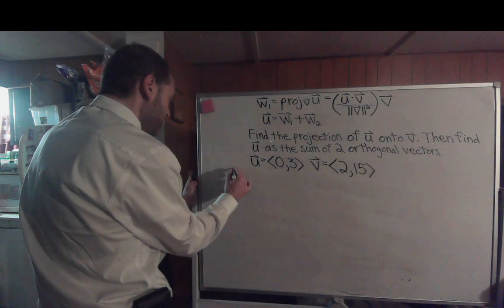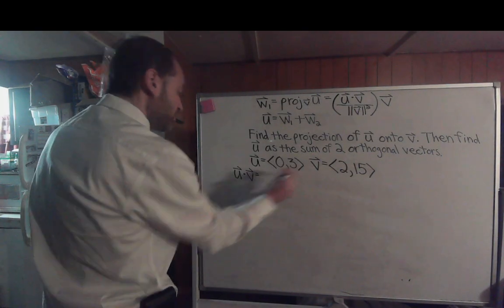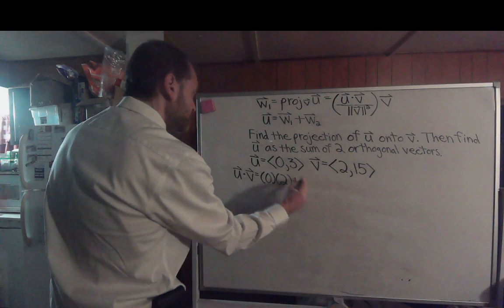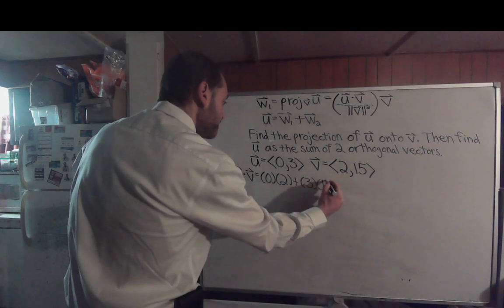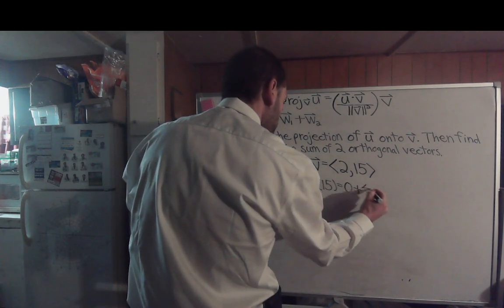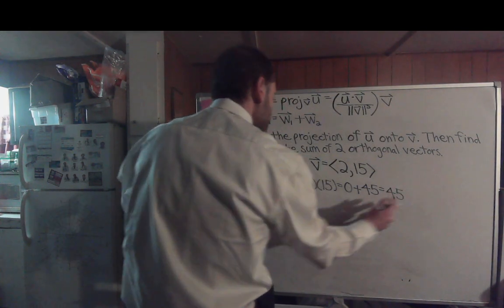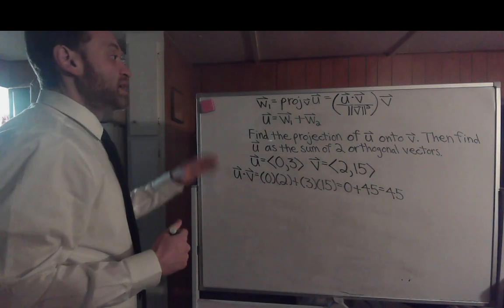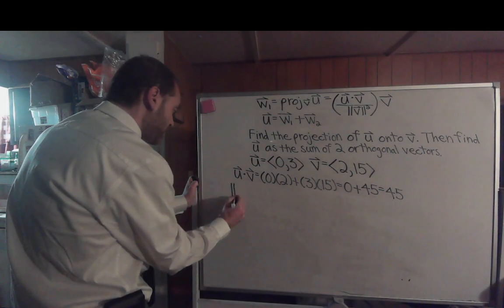So the dot product of u and v is going to equal 0 times 2 plus 3 times 15, which would be 0 plus 45, or simply 45. So the dot product ends up being 45. Now let's find the magnitude of v, but we have to square that magnitude.